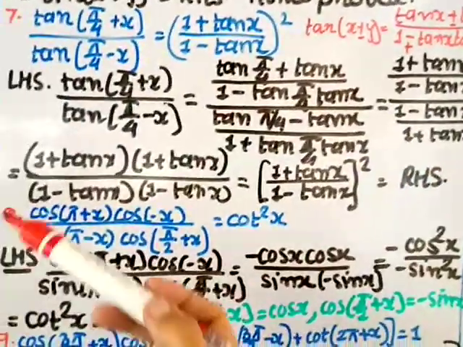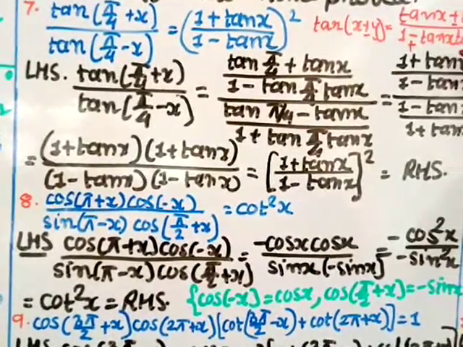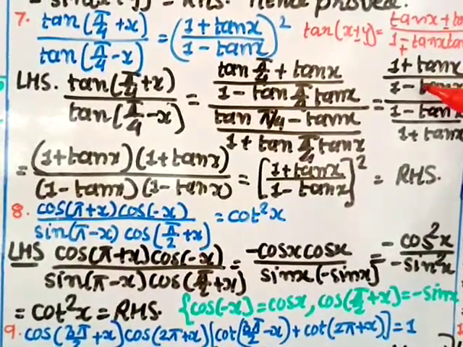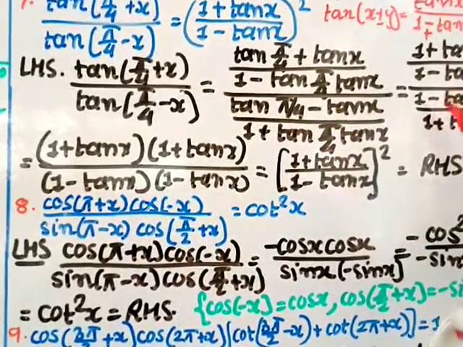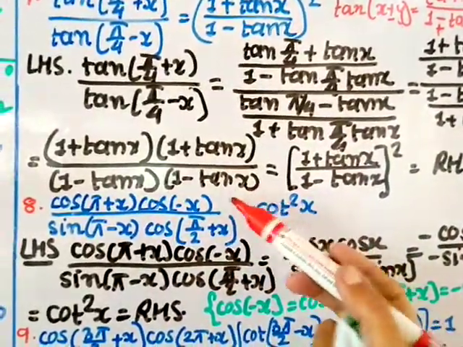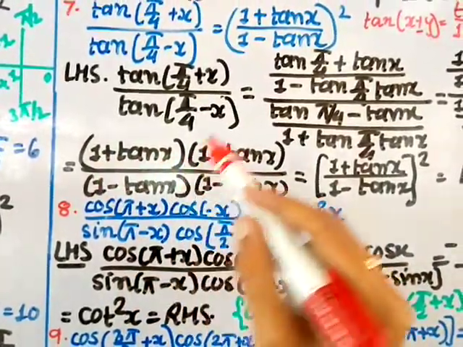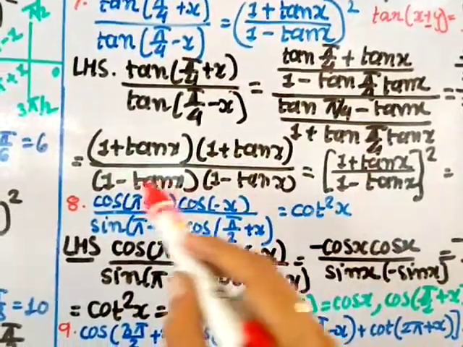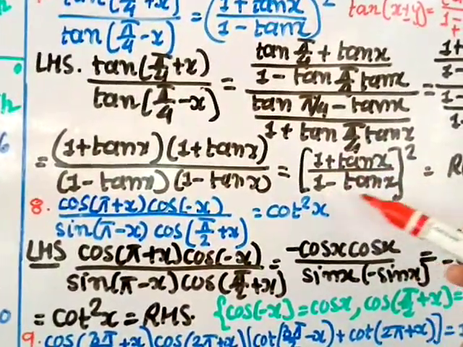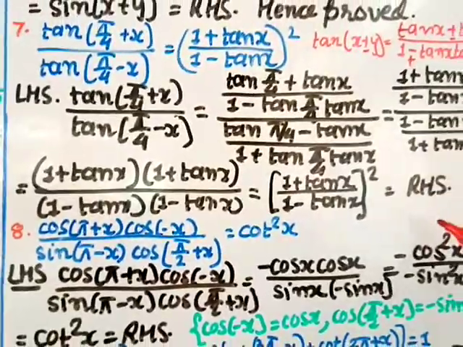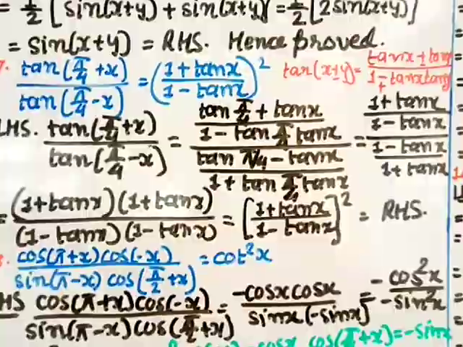So the next step is 1 plus tan x into 1 plus tan x, since this denominator has gone into the numerator, and the denominator of the numerator comes down, so 1 minus tan x into 1 minus tan x. This one is twice, so multiplication becomes 1 plus tan x whole square, and this also is twice, so 1 minus tan x whole square. Together we can write it as 1 plus tan x by 1 minus tan x, whole square, and that is what you have to prove. So that is your right hand side. That is the solution for question number 7.